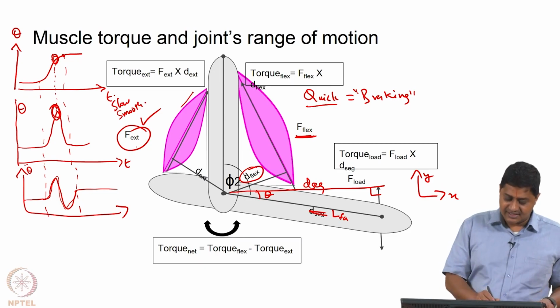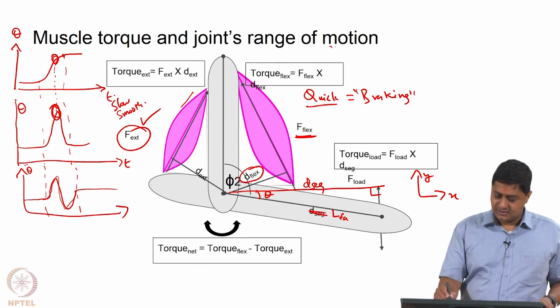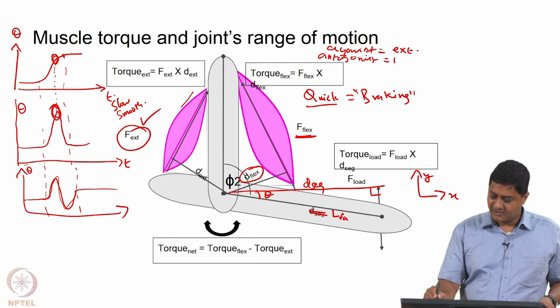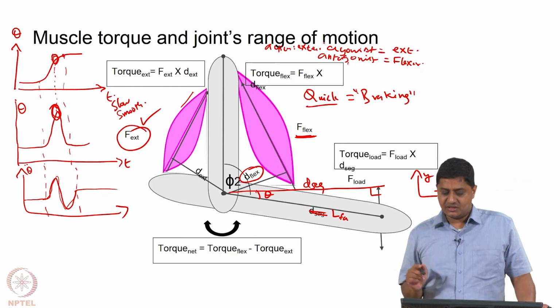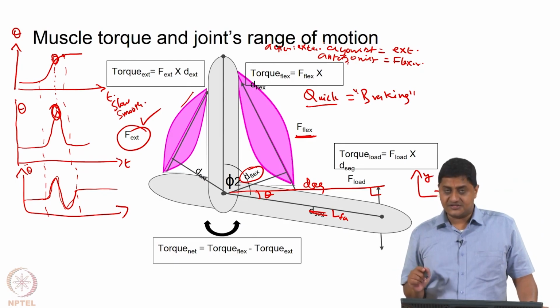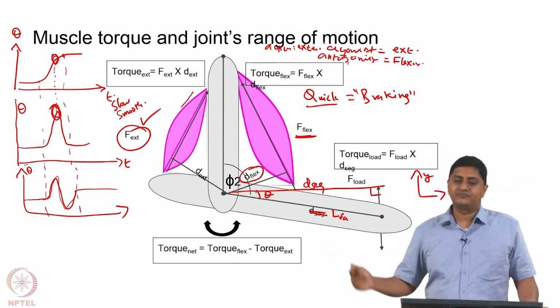In this case the agonist is the extensor, and the antagonist is the flexor. For what action? The action is extension. For extension the agonist is the extensor, when I am doing that.